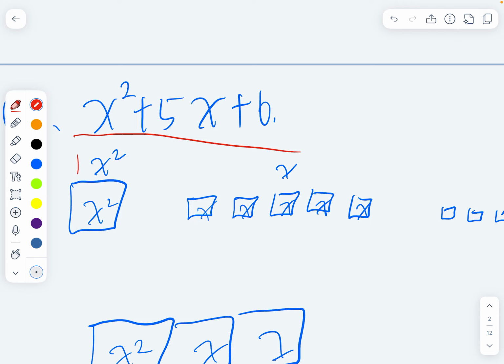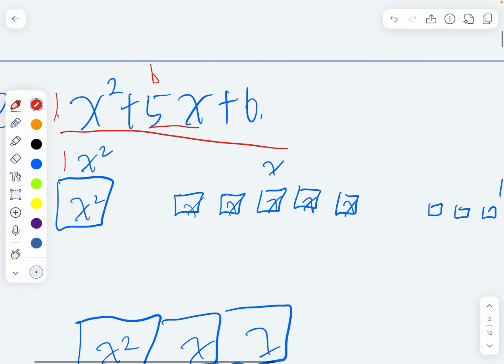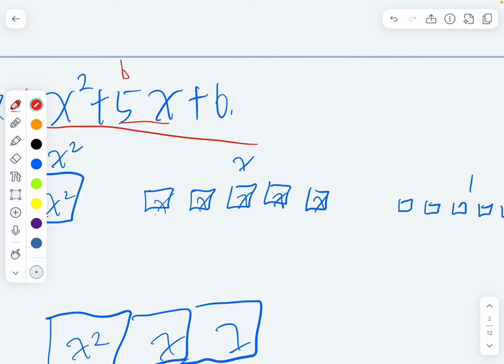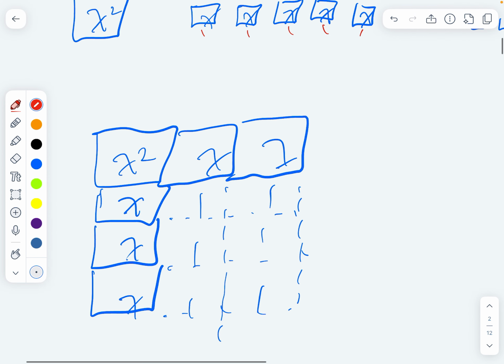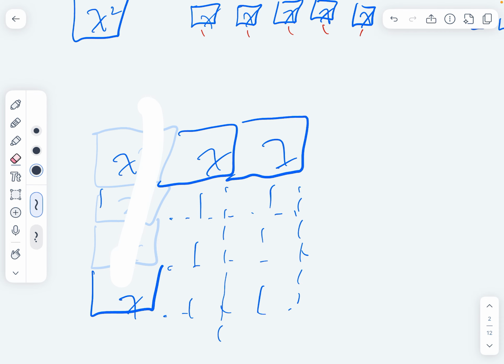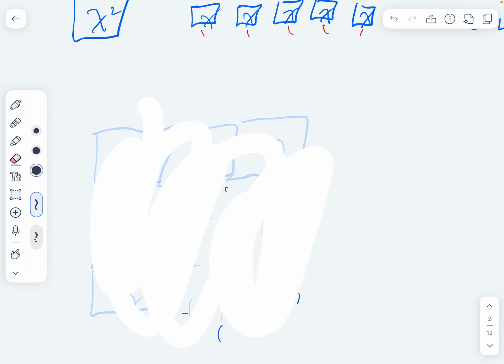For the second term, b is 5, so we need to draw the 5 x blocks. For the third term, 6, we need to draw the 6 unit blocks. Okay, let's do it.